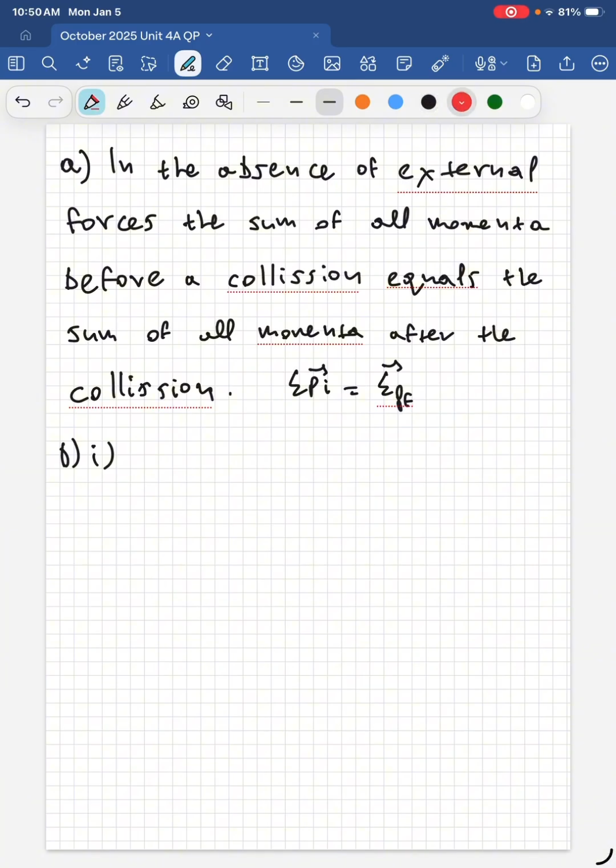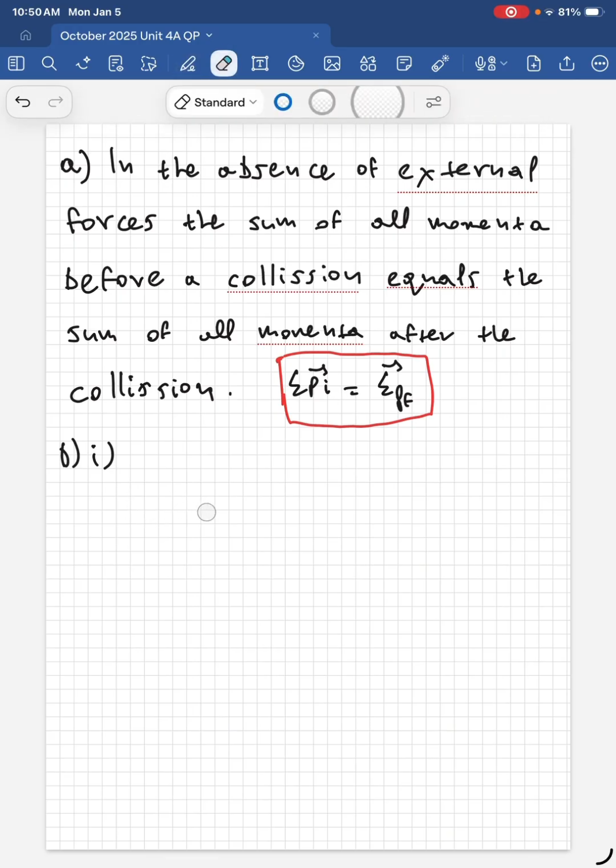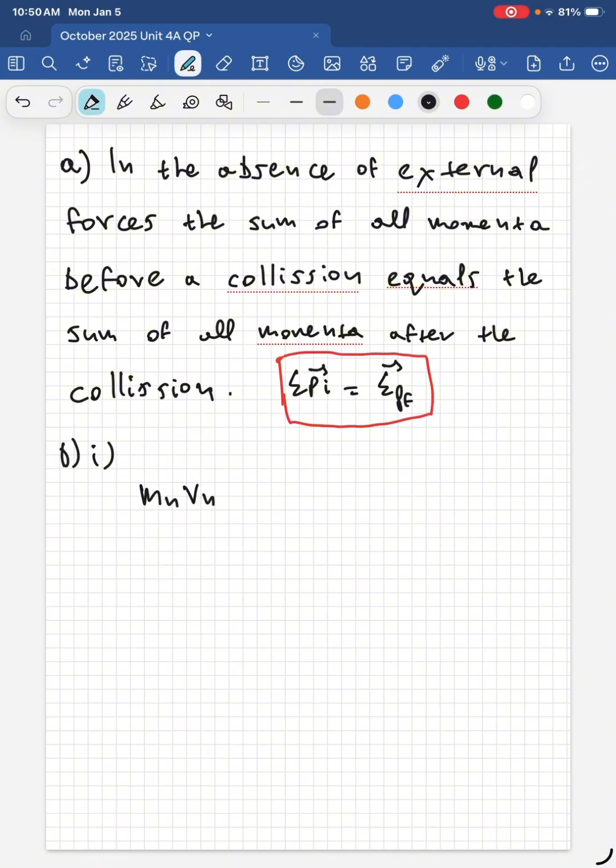As we said, we have it over here. The sum of all momenta before should be equal to the sum of all momenta after. So let's start with the sum of all momenta before, which is equal to the mass of the neutron times the velocity of the neutron, minus the mass of beryllium-9 times the velocity of beryllium, because it's difficult to type.